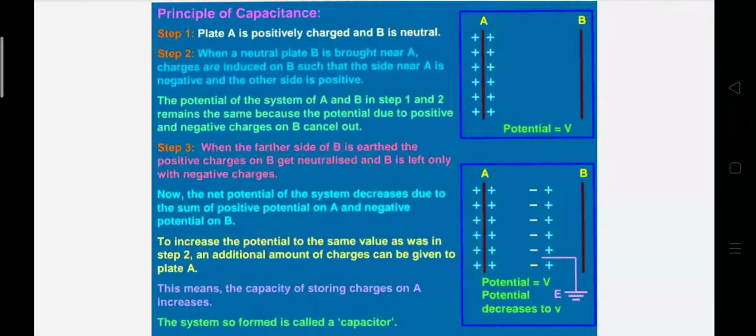As a result, the positive charge on the outer surface of the metallic plate B gets neutralized and B is left only with negative charge.